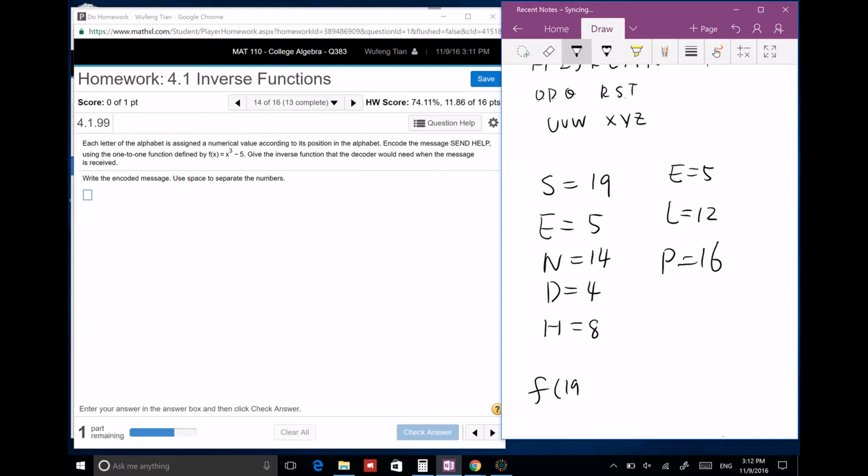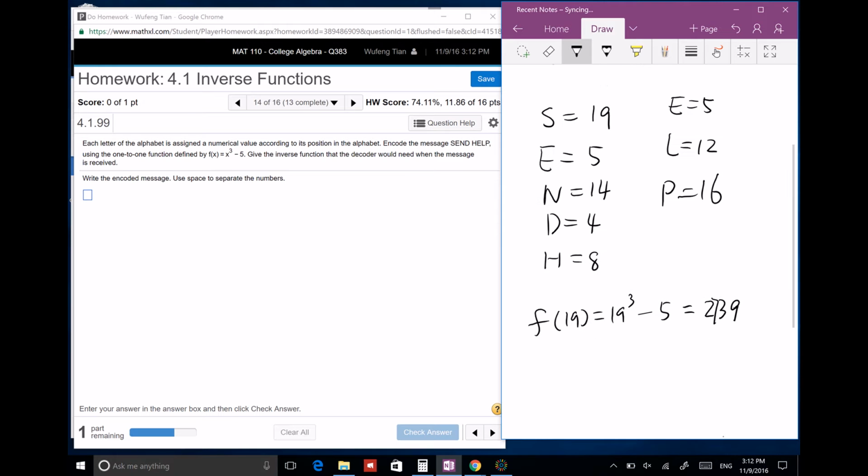So f of 19 equals 19 cubed minus 5. Let me check it again. 19 cubed minus 5 equals... Oh, this is send help.